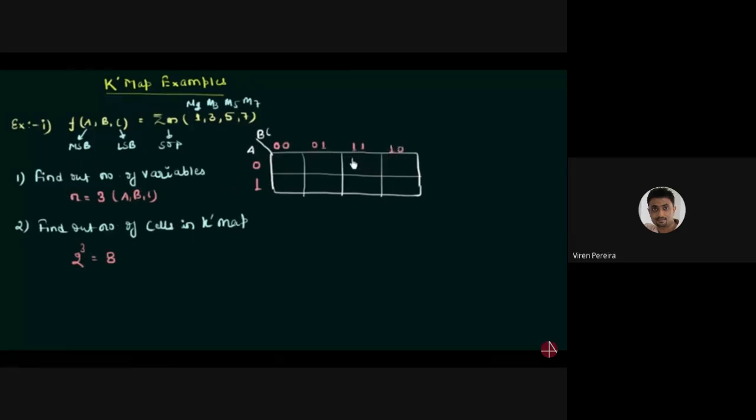I have seen a common mistake that people used to write 0 1 then after 1 0. But as I have already told you, in the adjacent cells it is not allowed to change two variables. Okay, if I put 1 0 here, then you can see that B is changing from 0 to 1 and also C is changing from 1 to 0. So you are changing two variables in the adjacent cells.